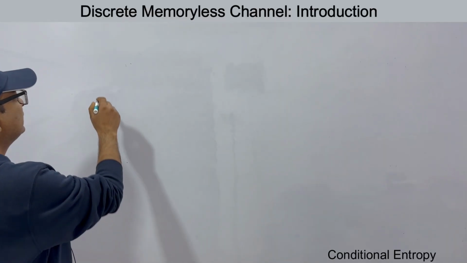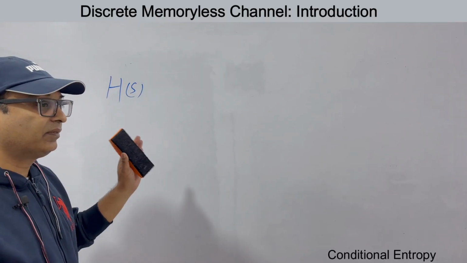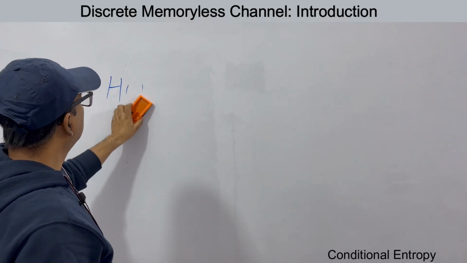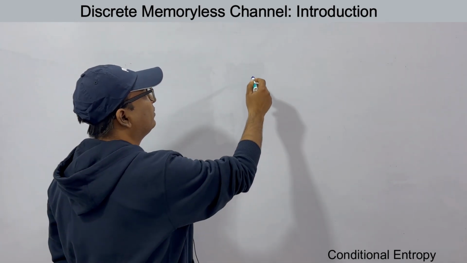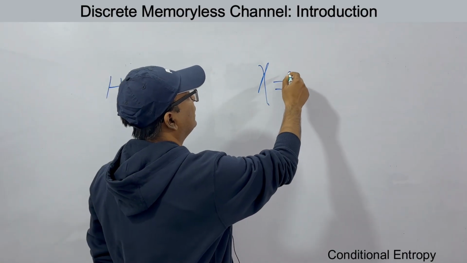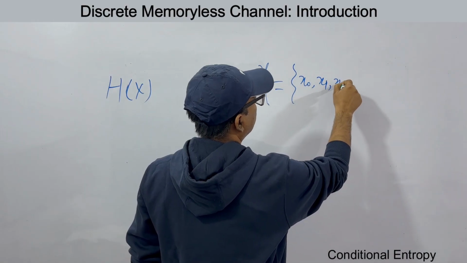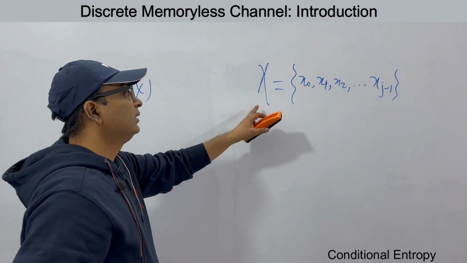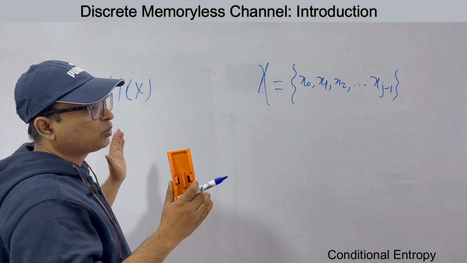Start with this. You know what H of S is, that is entropy, the average information content per symbol. So what is H of X? If you have this alphabet x0, x1, x2 up to xj minus 1, the source alphabet, or rather the alphabet at the input to the channel.